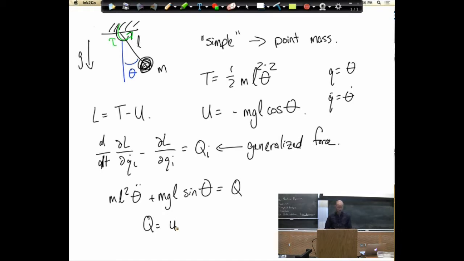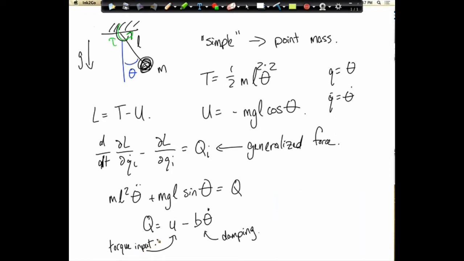That's what we've been calling our inputs to the system. And then we're going to think about some damping, some friction in the system, because if you have a real robot, you're going to have some damping there. The simplest model of friction in this case would be a linear function of the velocity. We'll do more complicated models later, but this will be our damping. This will be our input u or tau, if you have a motor at the base.